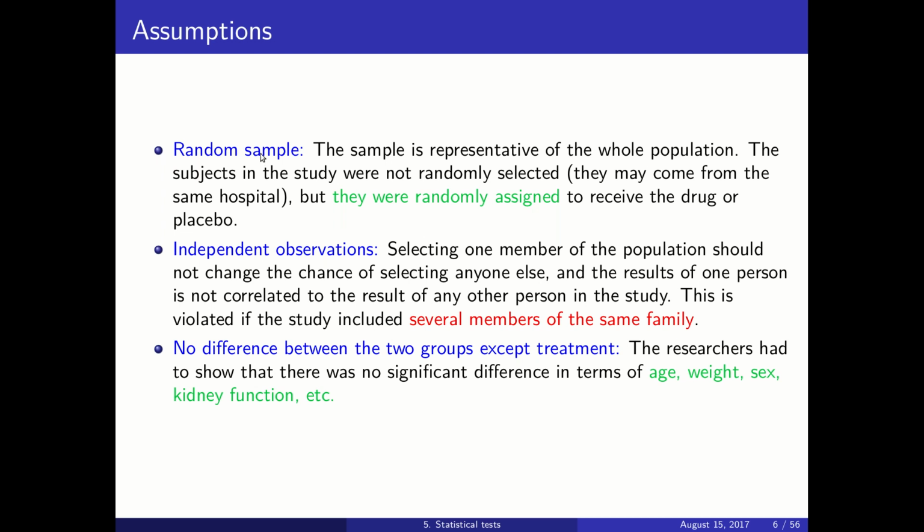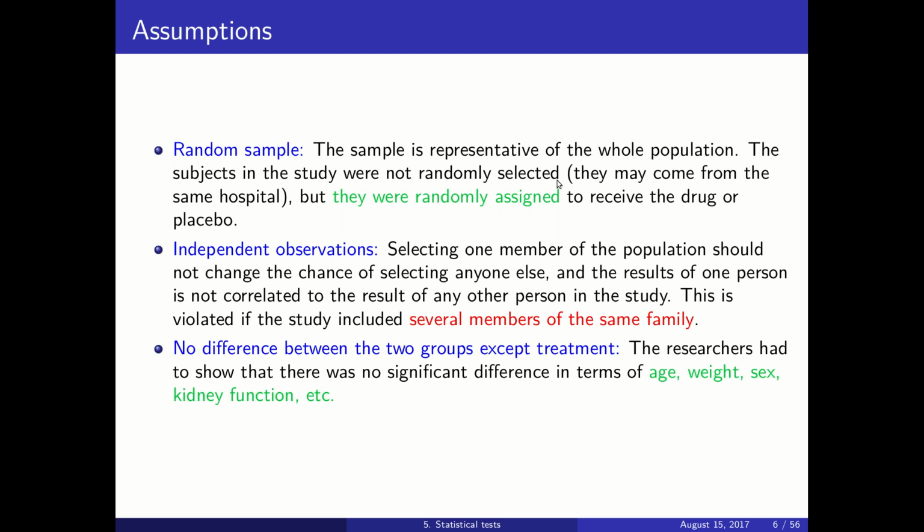So we want a random sample, so that is that the sample is representative of the whole population, and the subjects may not be randomly selected. So for instance, they may come from hospital, but they are randomly assigned to receive the drug or placebo. So this randomization makes this random sample to be more fair and to be more generalized.